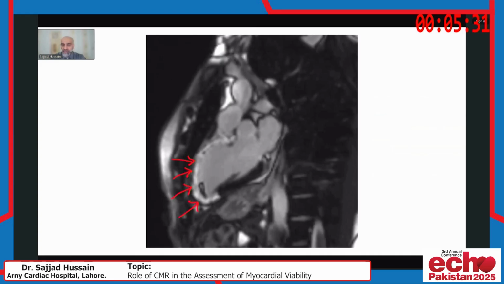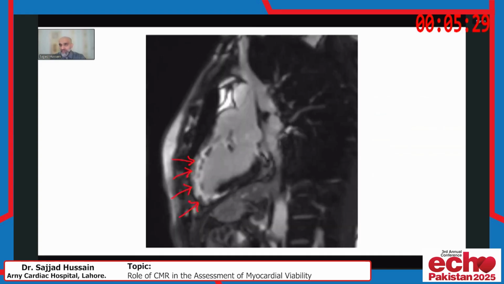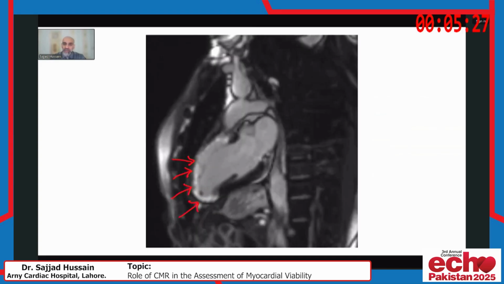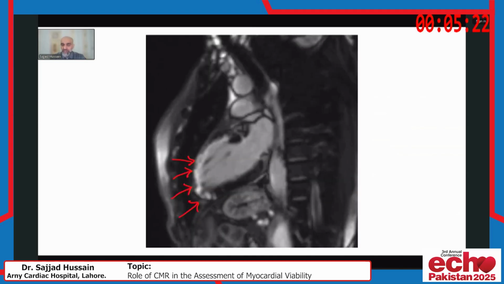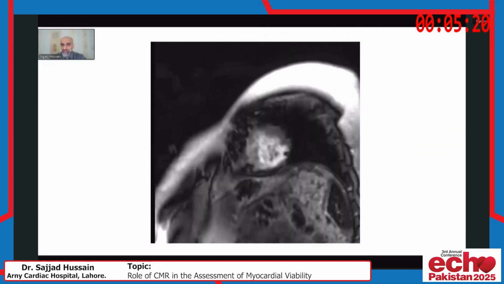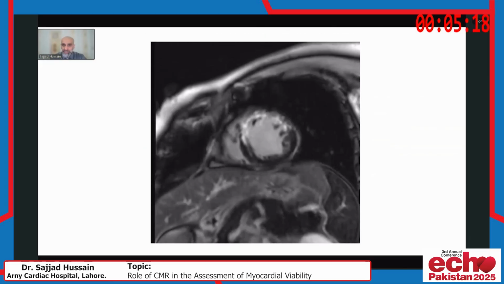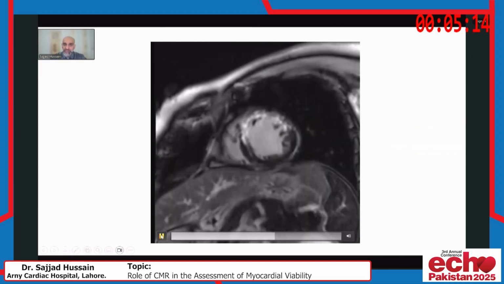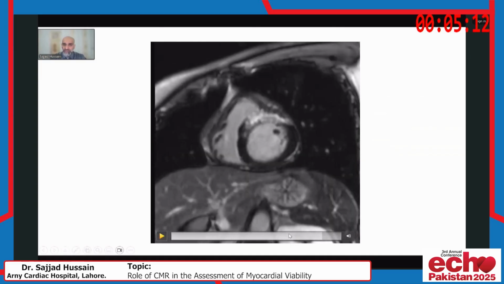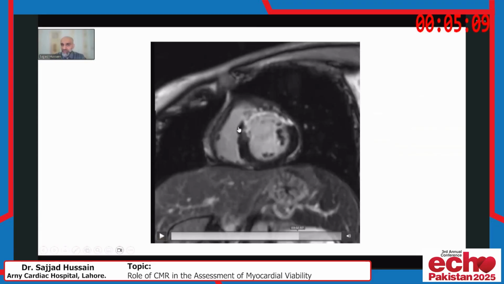If, however, you look at the inferior wall, it is still dark black or the signal is very low. A short axis view from the same patient shows that the anterior territory or the LAD territory is scarred to variable extents, but the other territories are dark.